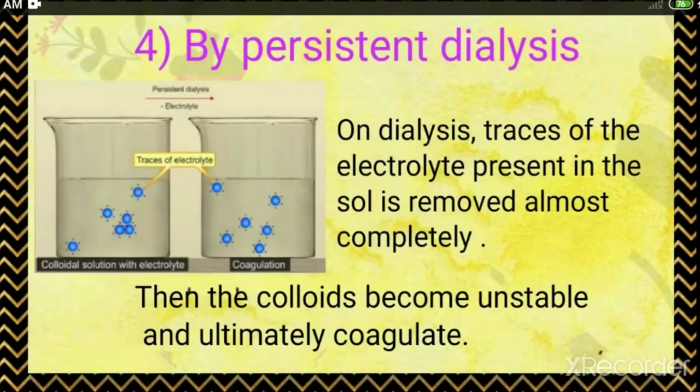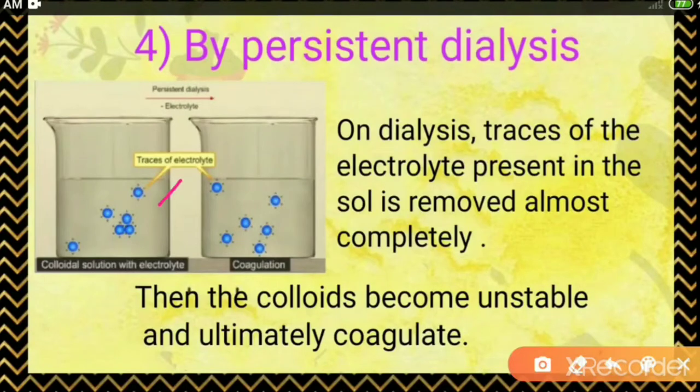By persistent dialysis. Dialysis means the process by which the electrolyte particles can be removed. The stability of the colloidal particle is due to the presence of a small amount of electrolyte.